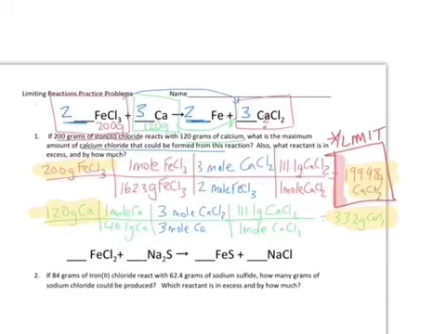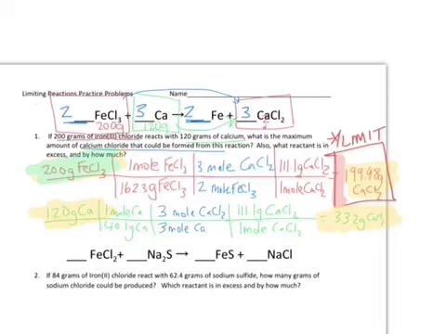Once I do this reaction, once this 200 grams gets used up right there, the reaction stops. It comes to a halt. There's no more FeCl3. If we had an unlimited amount of FeCl3, then maybe I could make 300 with my 120 grams of calcium, but I don't have an unlimited amount.